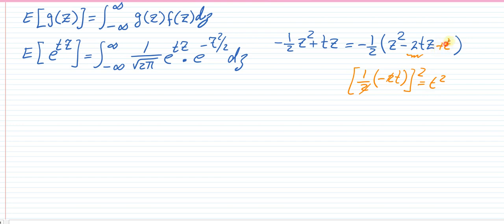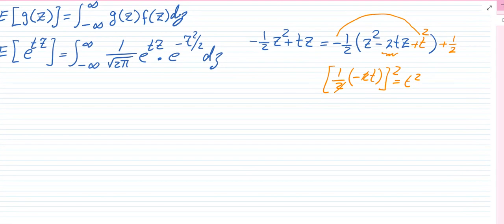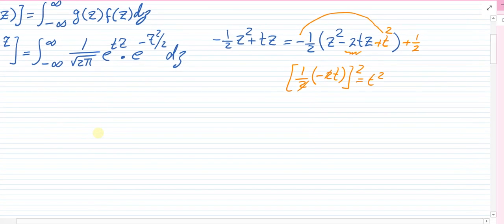I'm going to add t squared in here, and because of the negative 1/2 that distributes over to t squared, on the same side of the equal sign, I'm going to add 1/2 t squared. This way I have not changed the expression. Sorry, my pen is acting up. Okay, 1/2 t squared. Sorry about that.